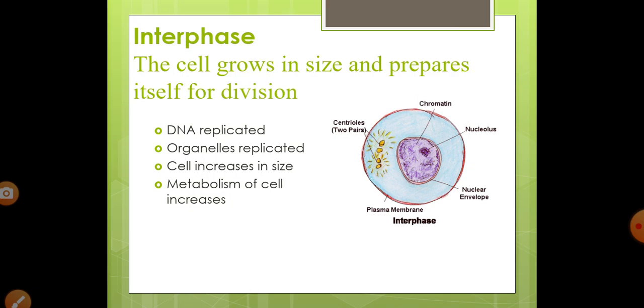In interphase the cell grows in size and prepares itself for division. The DNA gets replicated, organelles are replicated, the cell increases in size, and metabolism is increased because there is continuous synthesis of proteins and of the chromatin material required for the further mitotic cell division.